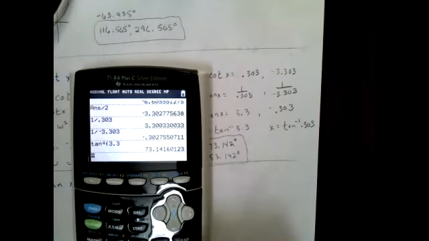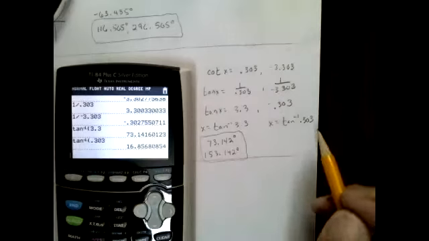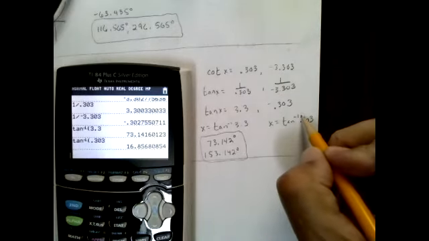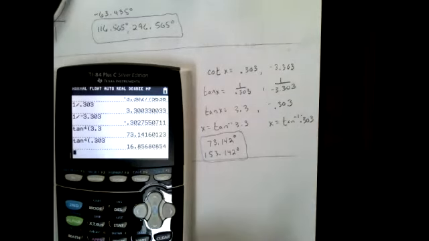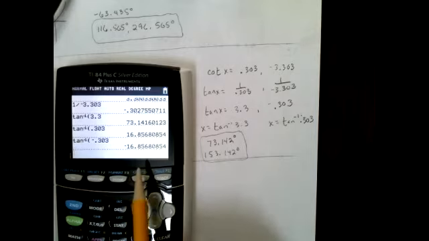Now I want the inverse tan of 0.303, and that's giving me a negative. My bad, that's a negative in there. Let me do that again. The inverse tangent of negative 0.303. I get negative 16 degrees.